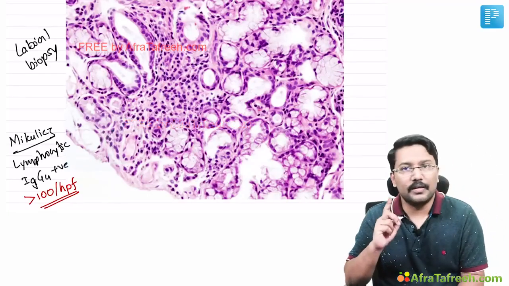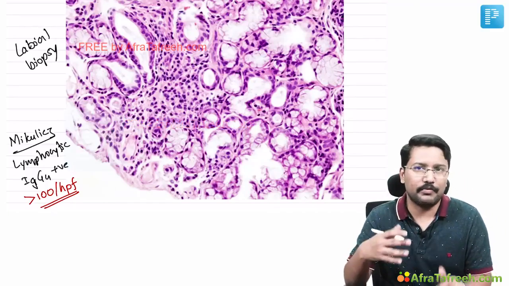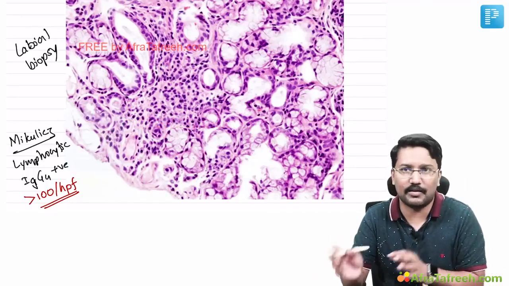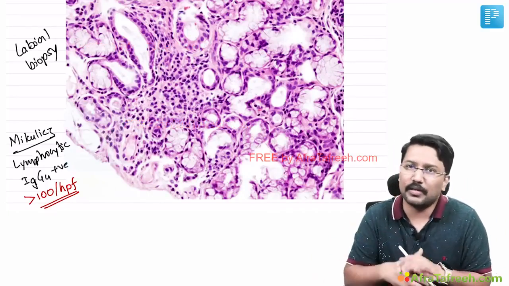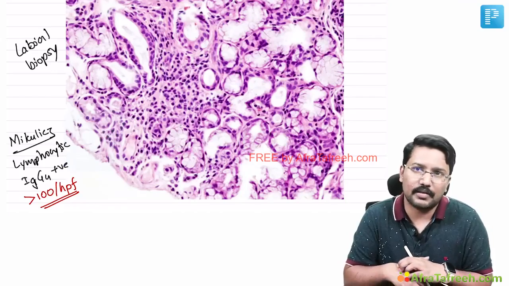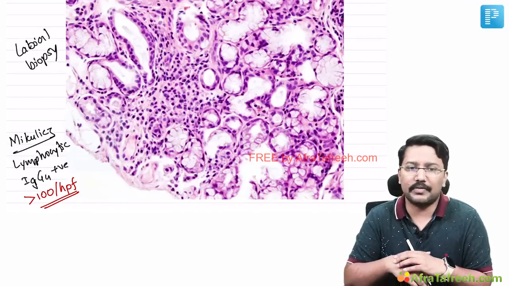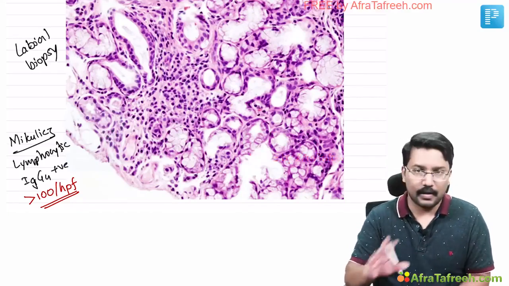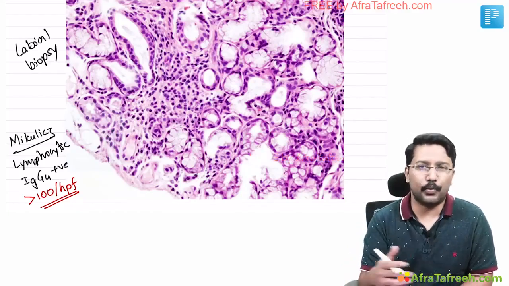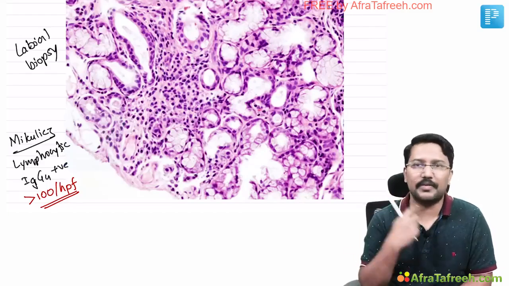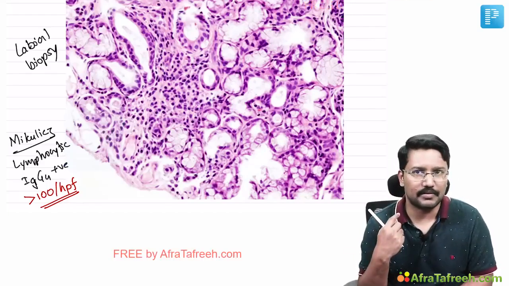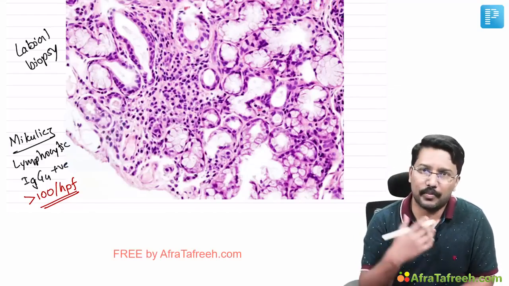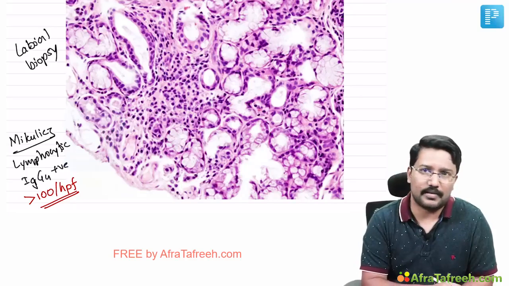When it comes to the salivary gland biopsy, for the IgG4 related disorders, we have organ specific cutoffs for the IgG4 positive cells. In case of the salivary glands, it is more than 100 per high power field. Okay. And this is very important for differentiation, because they also present with enlargement of salivary glands, right? And xerostomia. They can also have the lacrimal gland involvement, and they can also have the dry eyes.